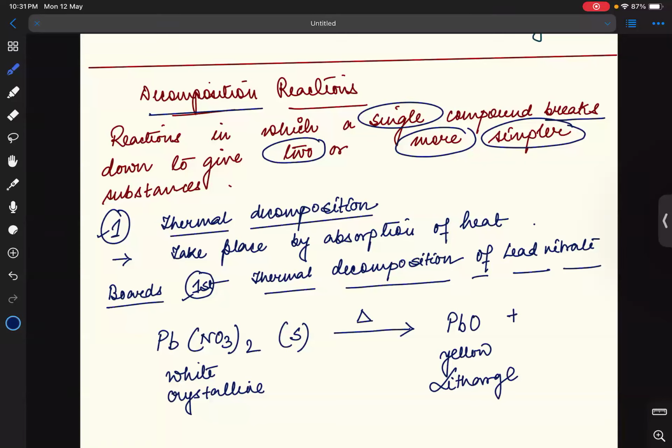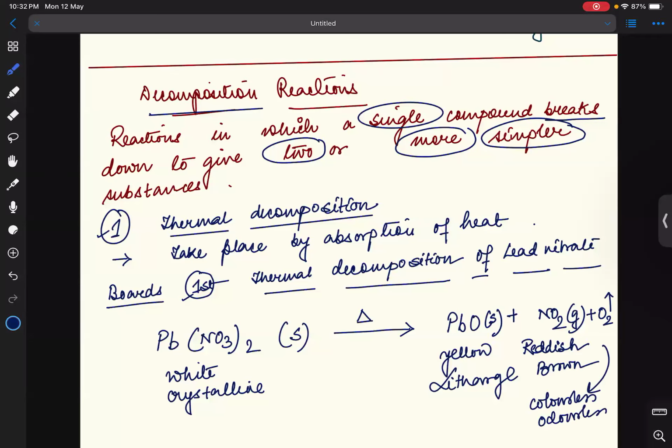Along with the evolution of nitrogen dioxide gas, this is solid, this is gas. Remember, nitrogen dioxide gas, very prominent observation. It's a reddish brown colored gas, students. And along with evolution of another gas, you can also give the sign as an up arrow. This is oxygen gas. It is colorless and odorless.